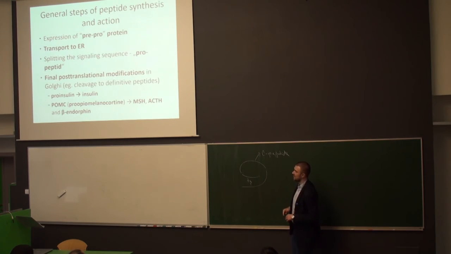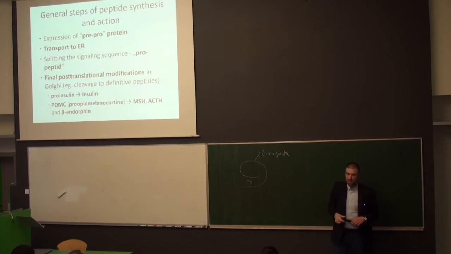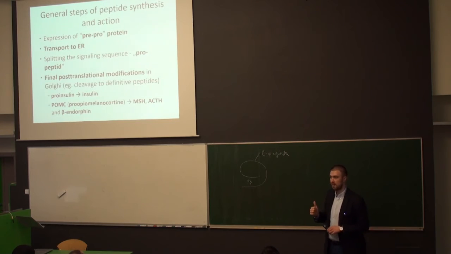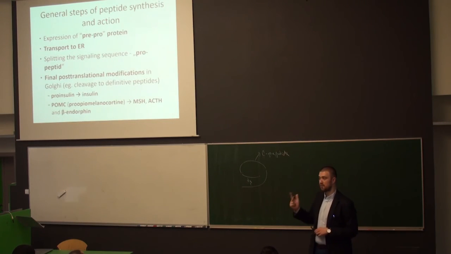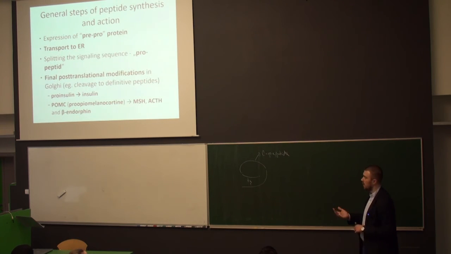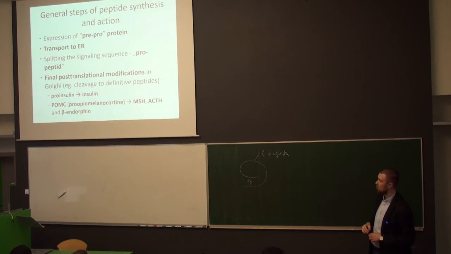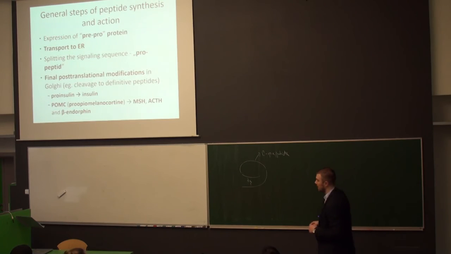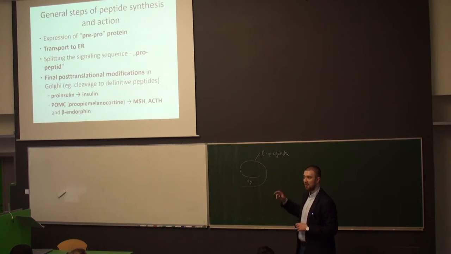The second example is where 1 precursor peptide gives you more active molecules. This molecule is called pro-opiomelanocortin, abbreviated as POMC, and familiarly it's also called Big Mama, since it gives birth to 3 signaling molecules.